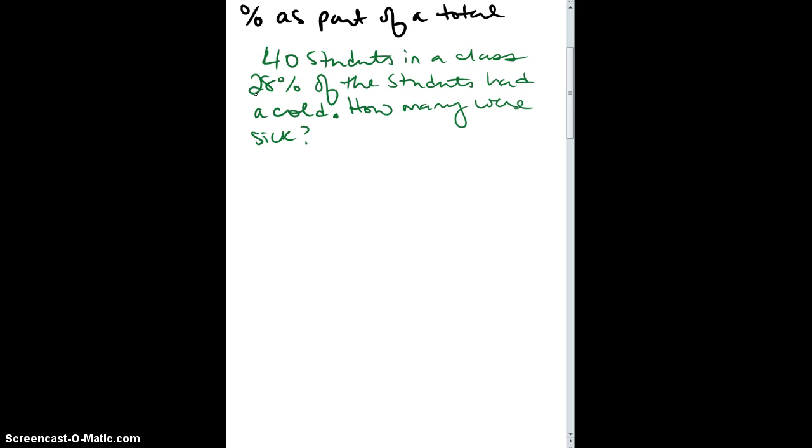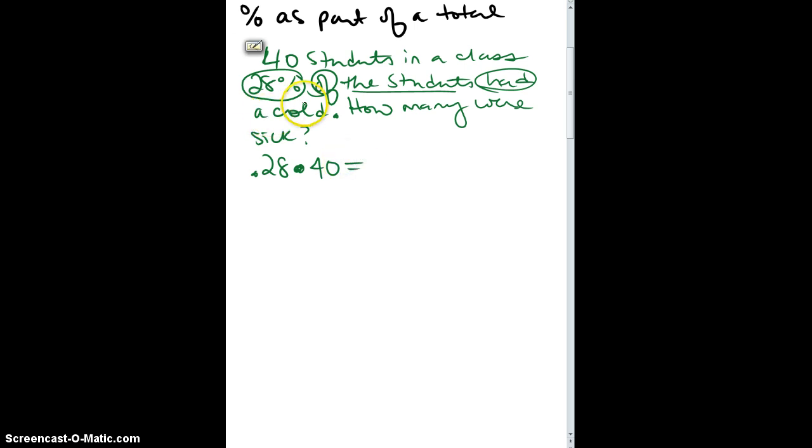So we can either do algebra or usually a proportion. Those two methods work great. So 28%, I'm going to do algebra first, of the students. Well, how many students were there? Let's see, there were 40. Had, so again, that's kind of like your verb, like was, were, had, took, whatever. Get your equal sign, a cold.